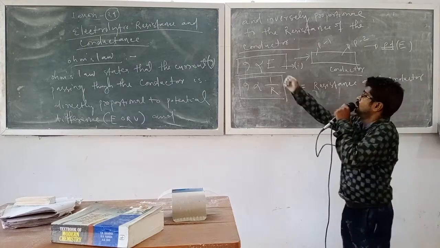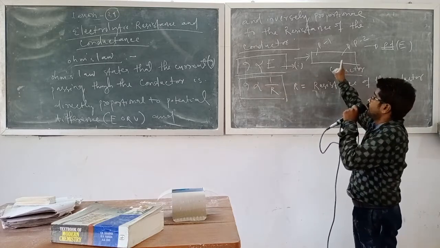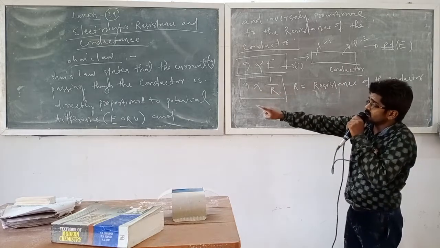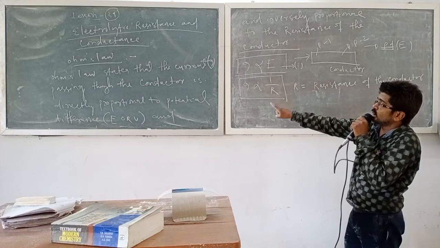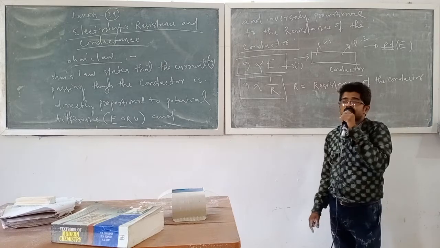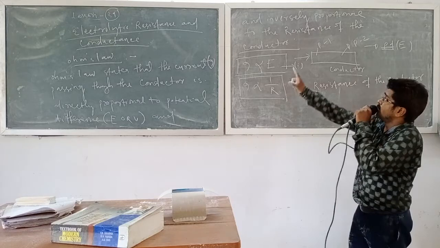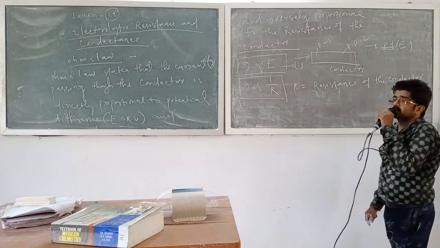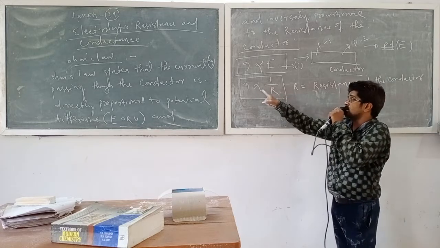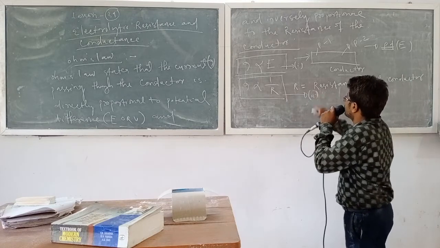That means if potential difference is more, more current will pass; if resistance of the conductor is more, current flow will be less. If the potential difference decreases, then the current through the conductor decreases. If resistance of the conductor increases, the current decreases. Suppose this is equation 2.